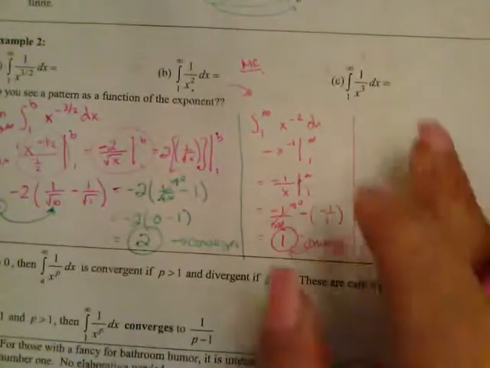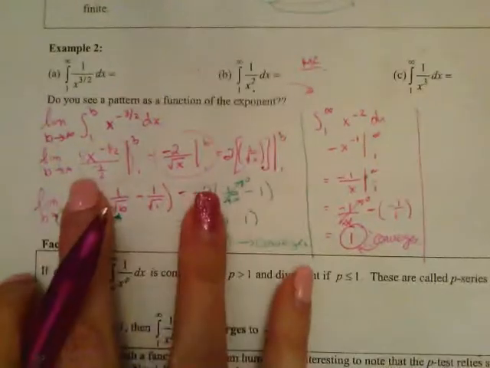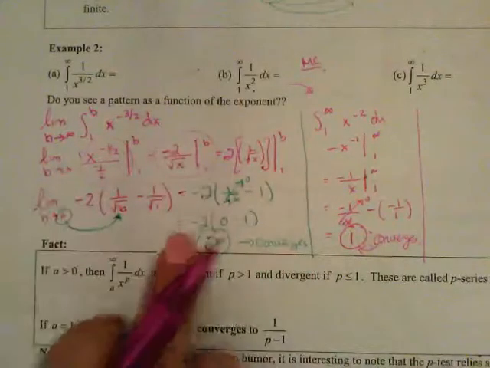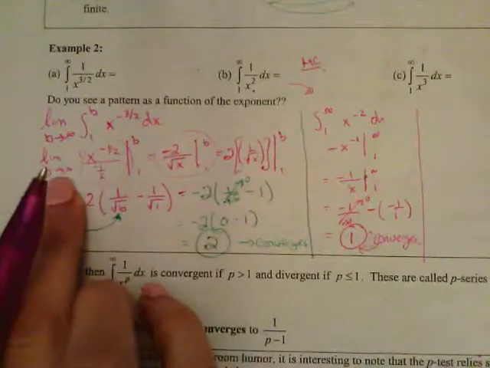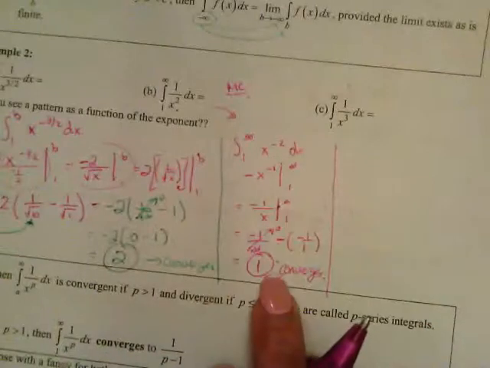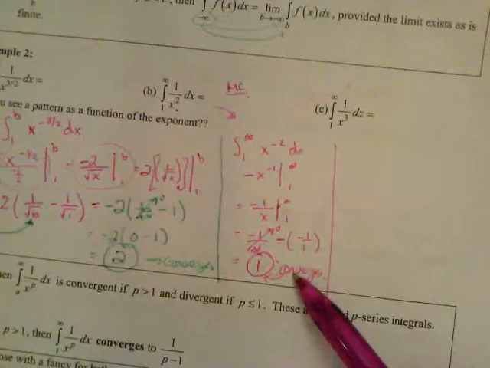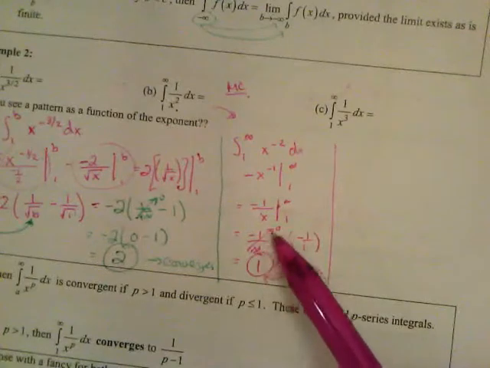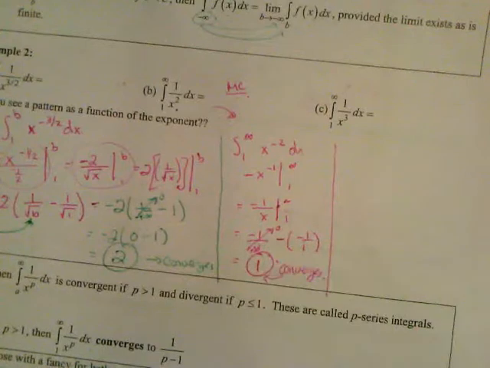Alright, so you guys decide how you want to do part C. If you had to use the definition, you have to use the definition. You have to show all the work. You have to rewrite it as the limit and then go from there. If it's a multiple choice problem, you can just go ahead and integrate it like you've always done and use the fact that this equals 0.